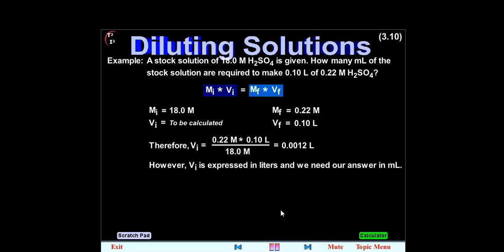0.0012. However, VI is expressed in liters, and we need our answer in milliliters.